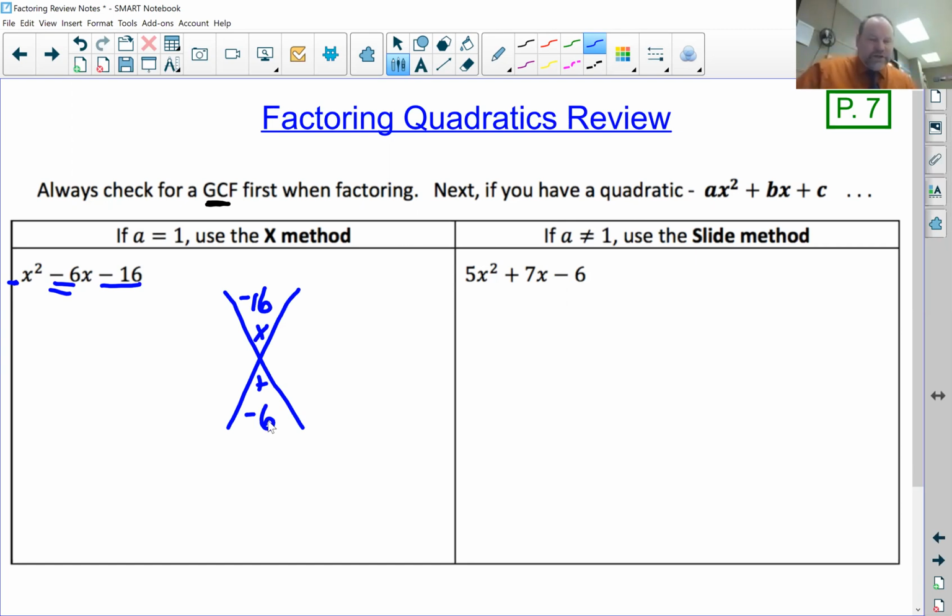In this case, both b and c are negative. So we have to have numbers that multiply to a negative number. That means we have to have one positive and one negative factor. And then they add to a negative number. So the larger factor has to be the one that has the negative with it.